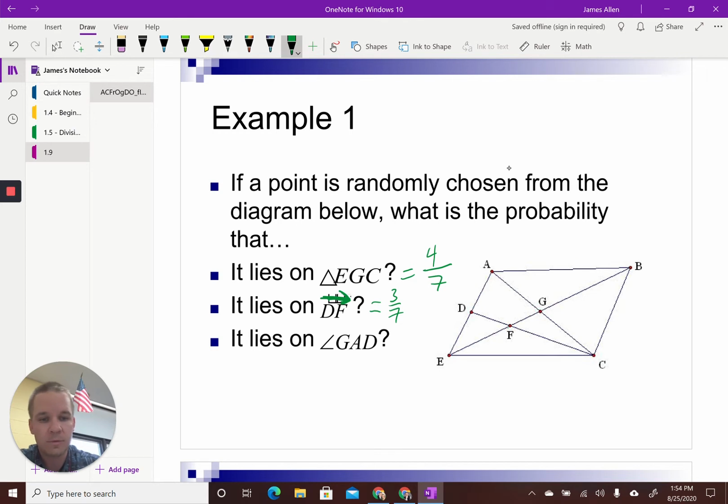GAD is made up of two rays with a common endpoint of A. So really I have 1, 2, 3, 4, 5 out of 7 for my probability there. Remember, knowing that an angle is made up of rays is very important here, because that continued on and ended up including 2 more points. So knowing what things are made of is very, very important.